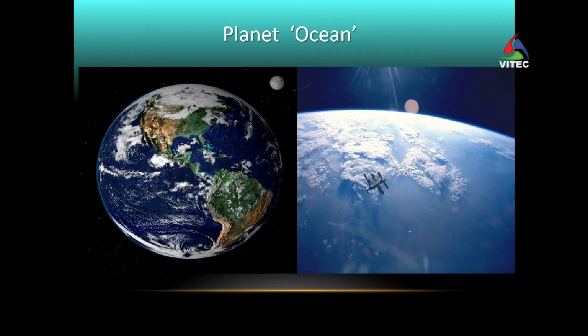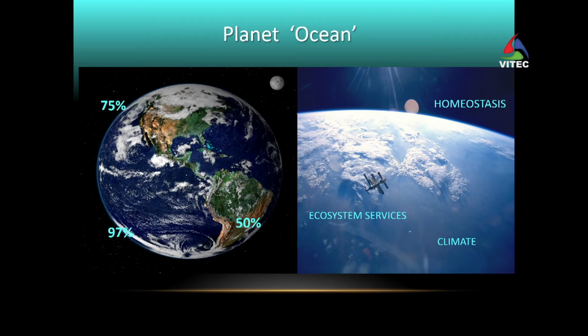In fact, our planet should be called more planet ocean than planet Earth, as 75% of the planet is composed of oceans, and salt water makes up 97% of this water. And the ocean is also responsible for 50% of the primary production, so it's more or less the same as what is produced on land.